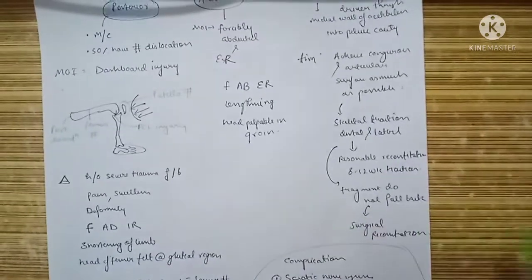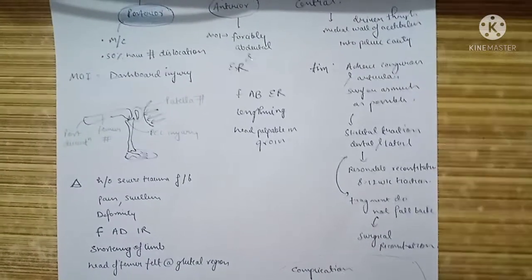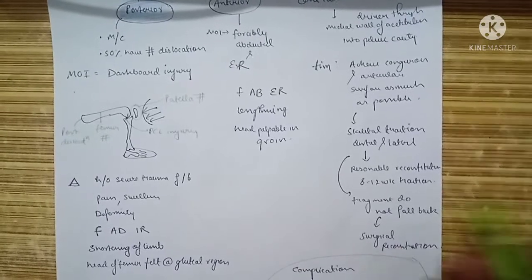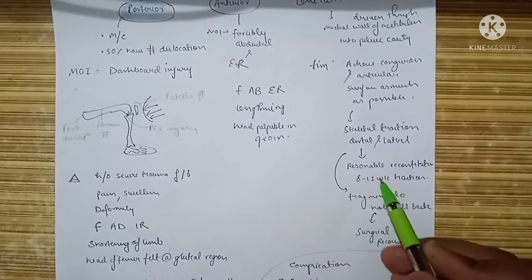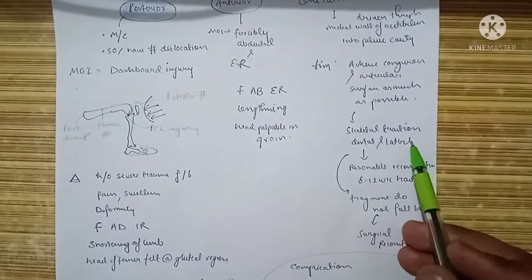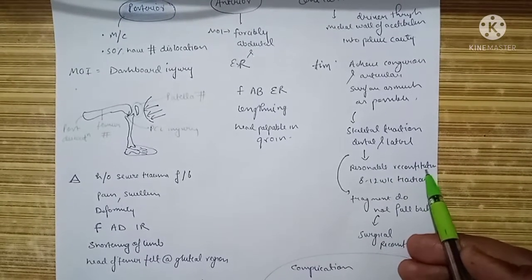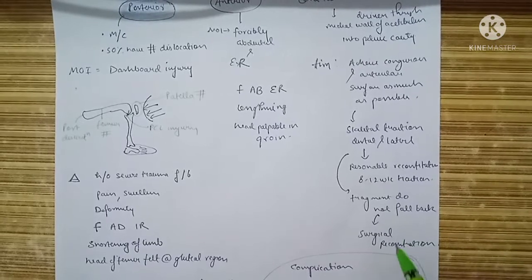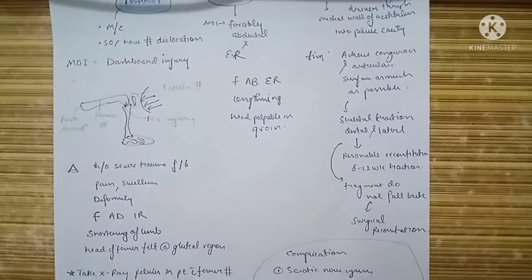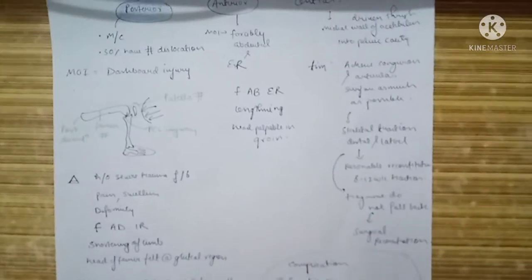If reasonable congruence and reconstitution is achieved, we are going to continue the traction for 8 to 12 weeks. But if we are not satisfied with the congruence or the reconstitution and the fragments are not pulling back, we are going to go for surgical reconstruction of the acetabular surface.